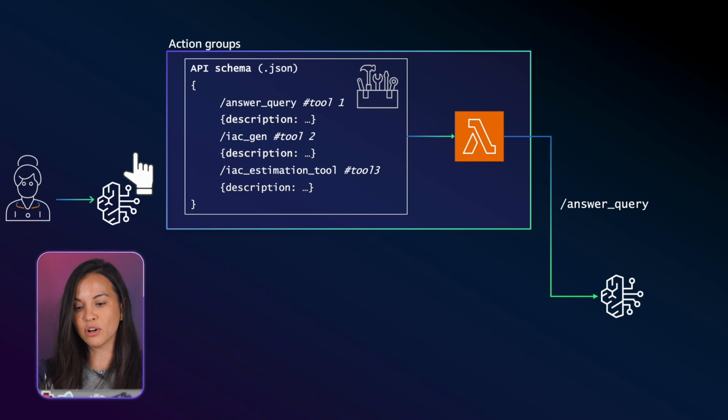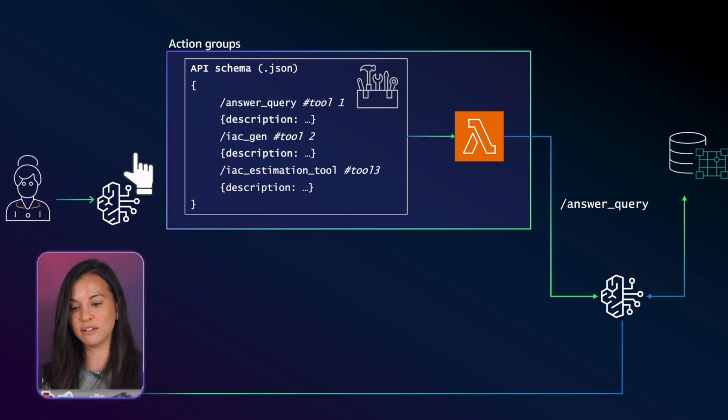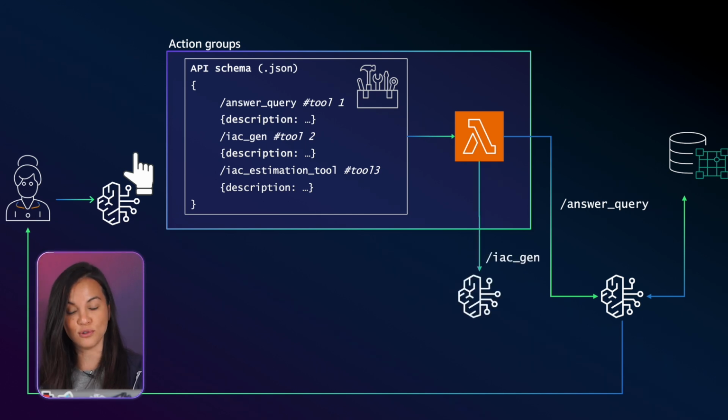So it will go through a Lambda handler, and the Lambda handler will trigger the answer query function, get the information from your RAG, and then send the answer to your user.